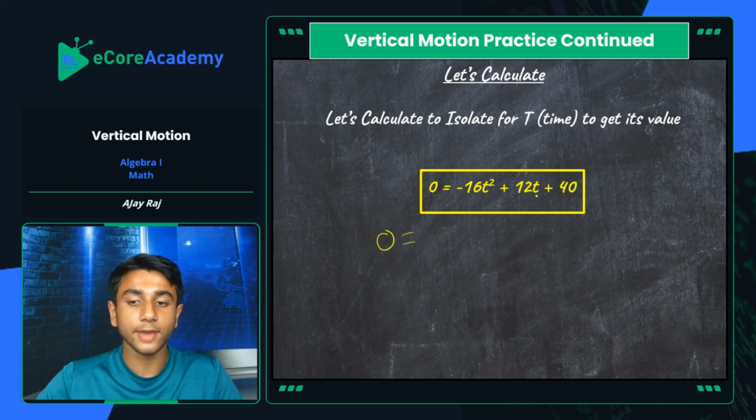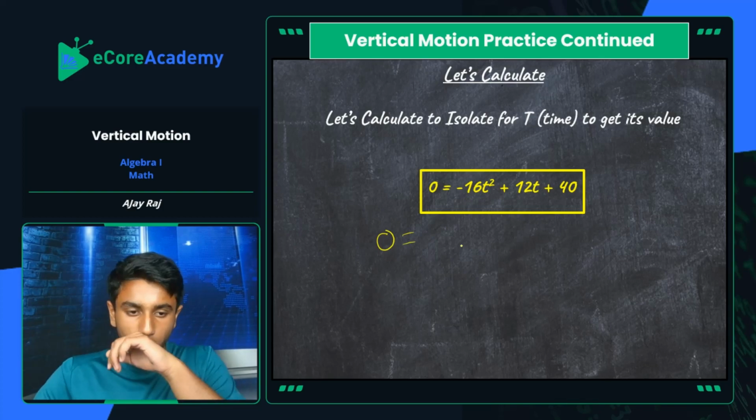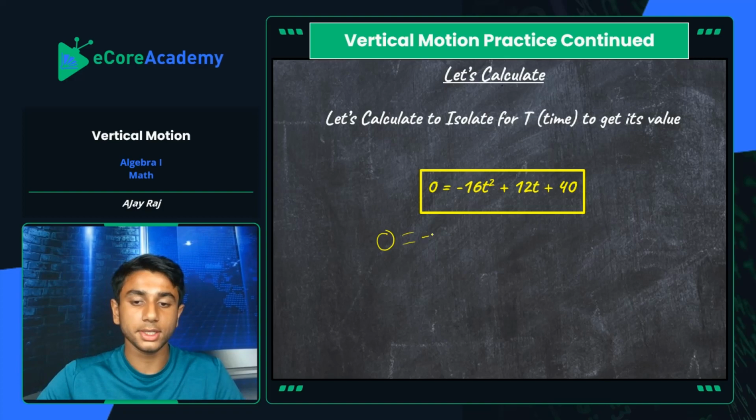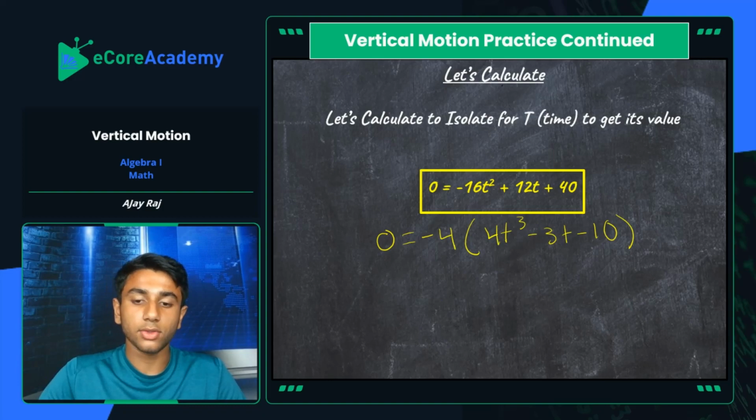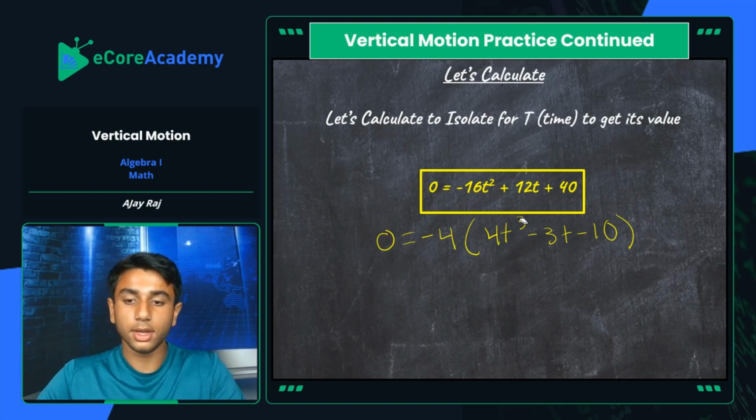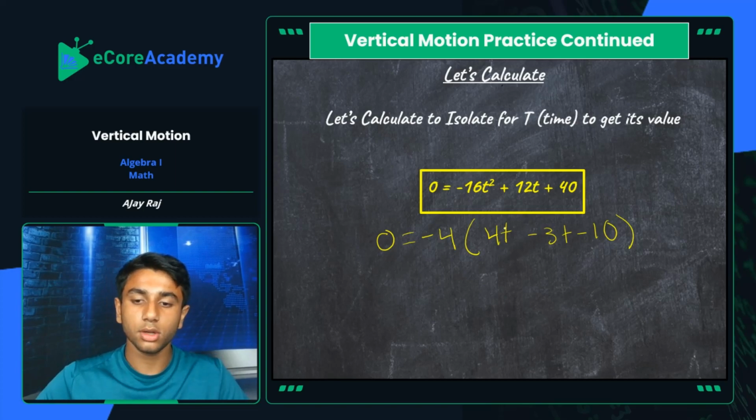Negative 4 is the largest factor that fits into each and every one of these numbers here. So let's factor out negative 4, our greatest common factor. We're left with 4t squared minus 3t minus 10. Once we factor that out, the next thing that we're going to do is, I put 4t cubed. This should be 4t squared.